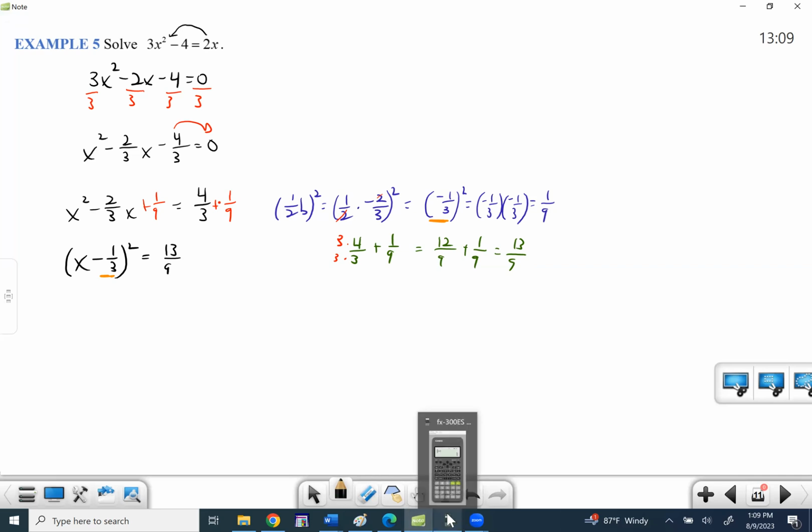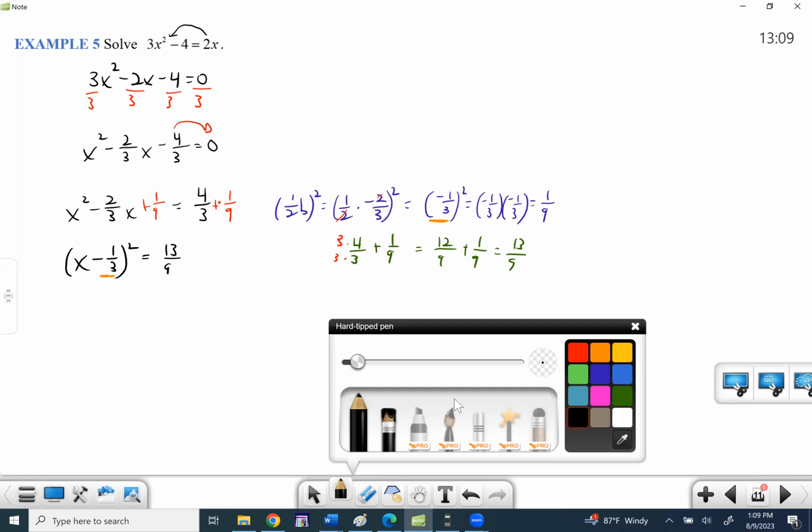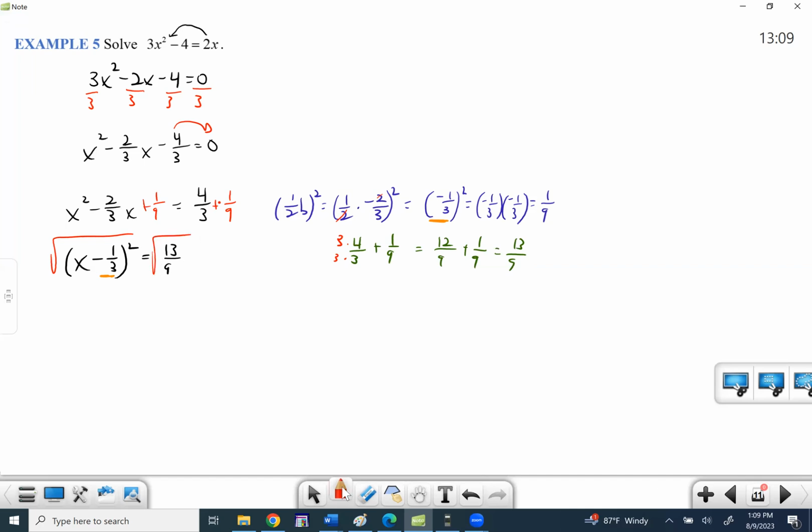So then let's see here, square root. We're on step 4 now. Square root both sides to get rid of the squared. Now this one's a little different than the last one. When we break the square root up from one big root to 2 little roots, this actually square roots.